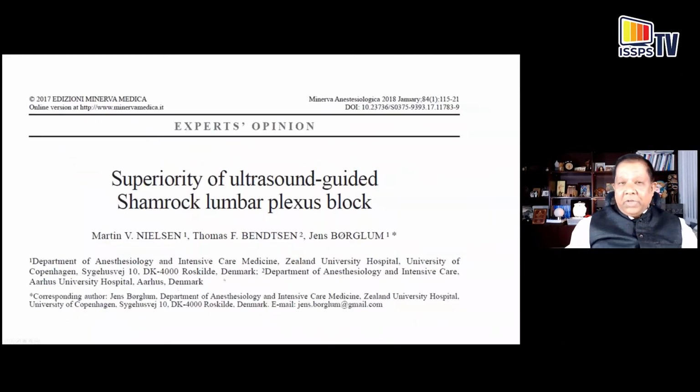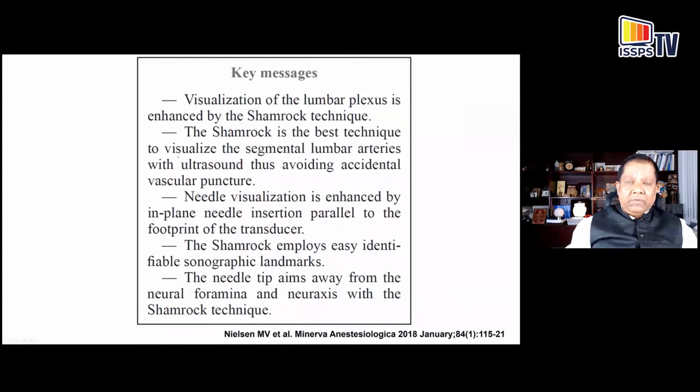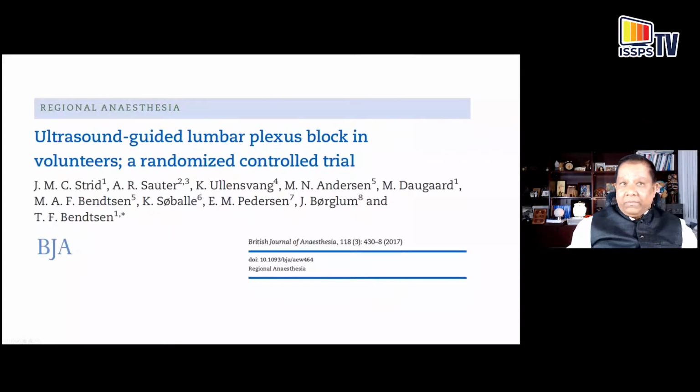So the shamrock scan obviously produced better visualization, and it's understandable because the images are at right angles to your ultrasound beam. Dr. Nielsen and the group have shown that visualization of the lumbar plexus was better with the shamrock when compared with the lateral sagittal or with the sagittal trident view. It also produced better needle visualization, although there was no difference in block efficacy.